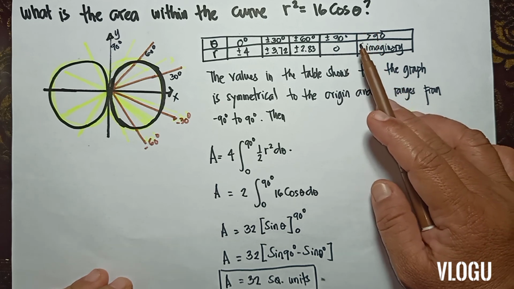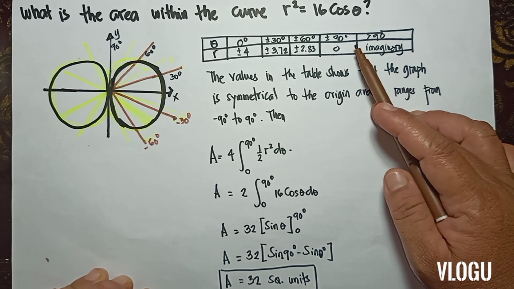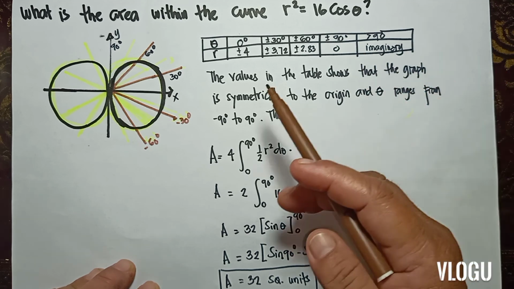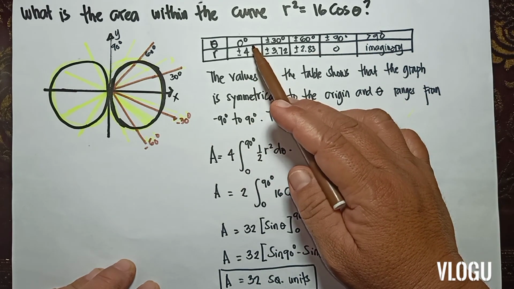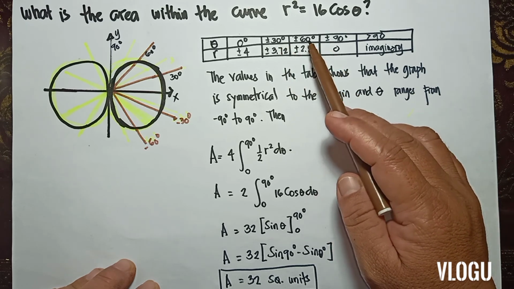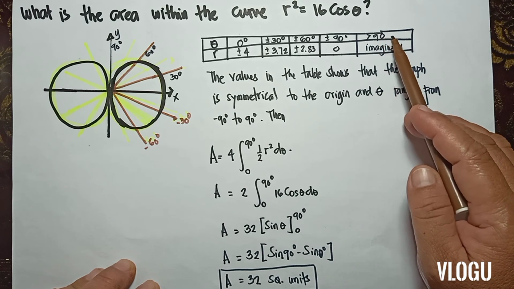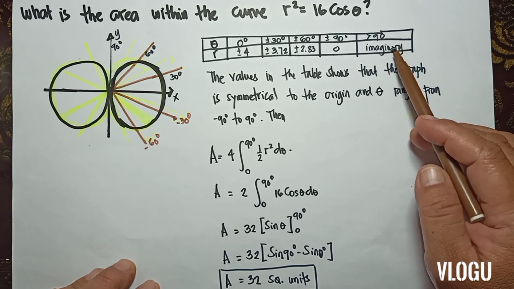So therefore that starts with negative 90 to positive 90, right? So you start with 0 degrees, then you will have 30 degrees, 60 degrees. So greater than 90 degrees, that is imaginary.